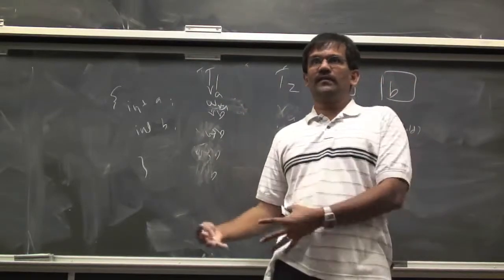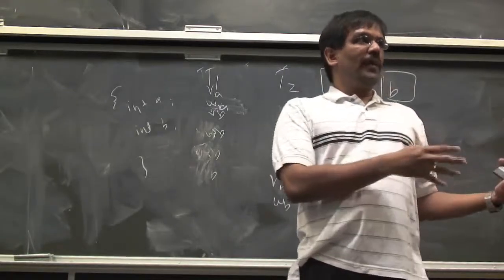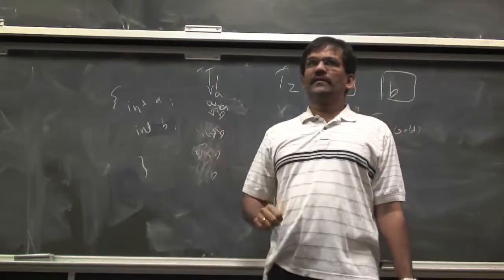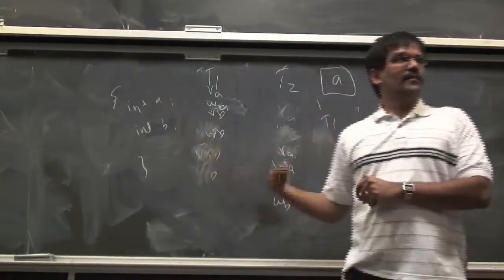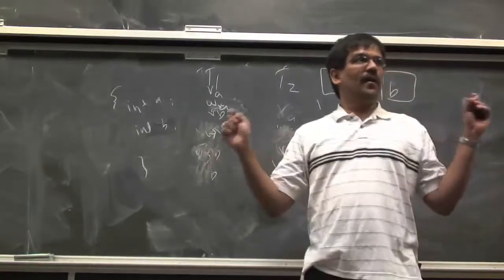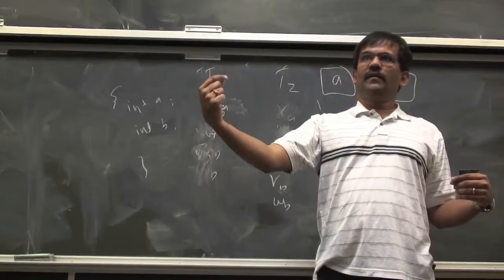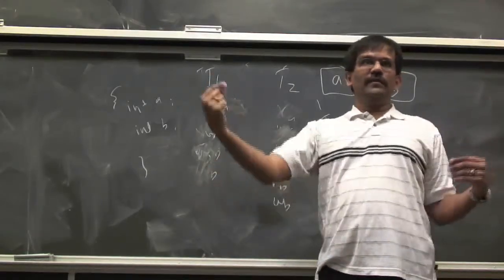If the schedule is conflict serializable, then an external viewer won't be able to tell the difference between whether it's a serial schedule or a conflict serializable schedule. If they're operating on different variables, then you can swap the order in which things happen. If they're operating on the same variable and they're doing reads, you can swap any which way you want.